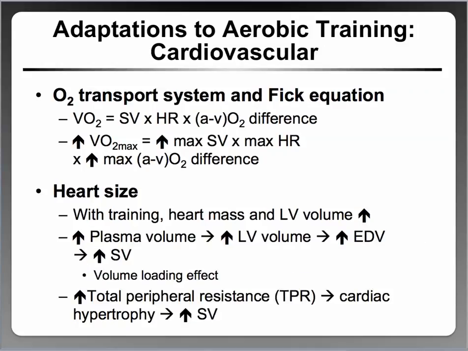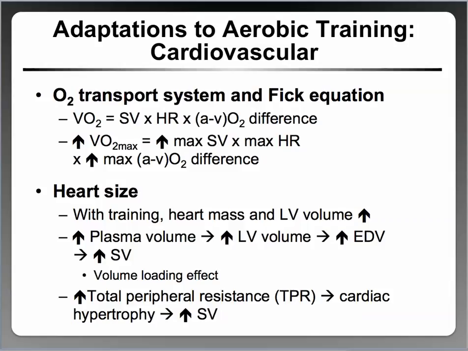So one of the classic changes that occurs with endurance training is that you see an increase in plasma volume. And probably as you listen to this lecture and watch it, we are going to refer to changes in plasma volume and physiological consequences throughout. So just be prepared for this.